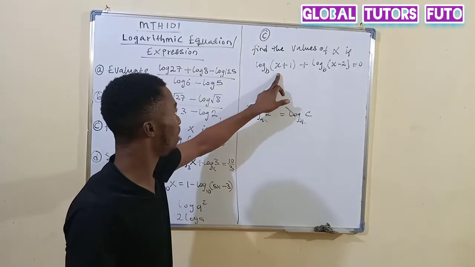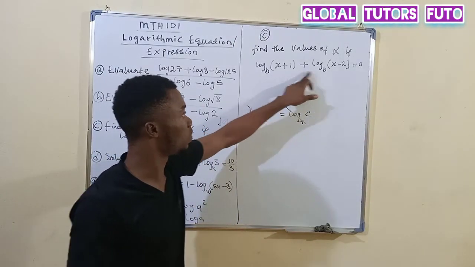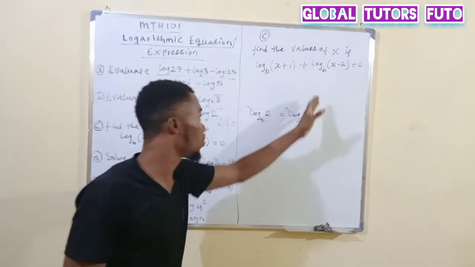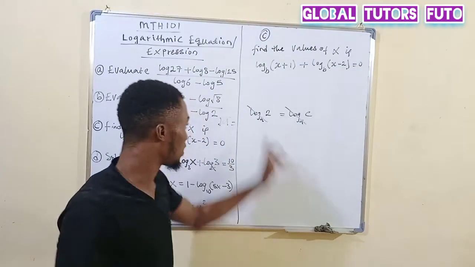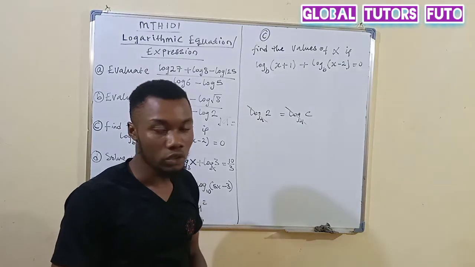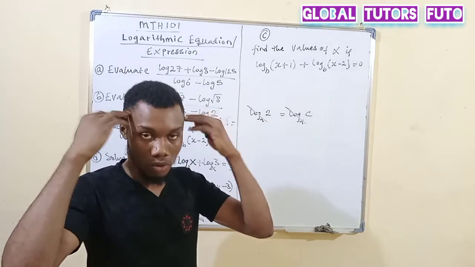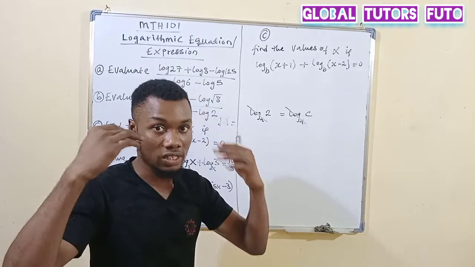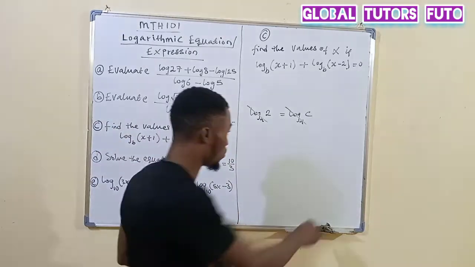So here, since I have log base b of this plus log, and there are just two of them, why not take the other one to the other side so that logs of the same base can cancel out. So you just have to be using your common sense, and everything will be working together for you.